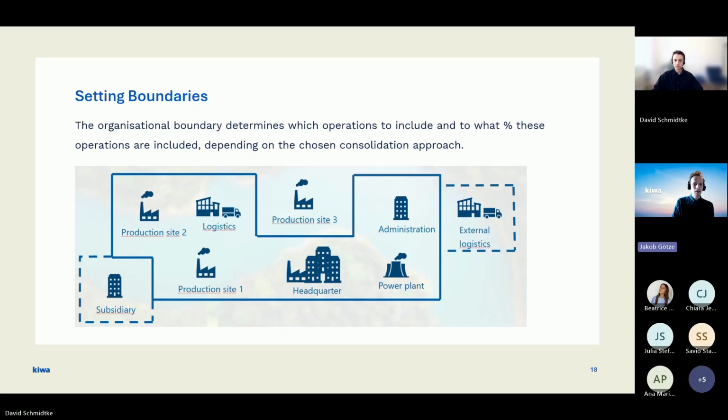On this slide, I would like to show how this plays out in practice. So the continuous line should show the entities that are included in the inventory of our example company.